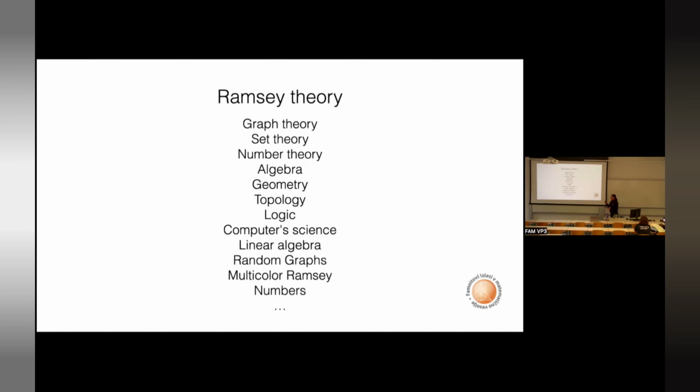Here we are dealing with graphs, with finite things, but you can have this theory in infinite graphs, in random graphs. We talk about two colors, finding monochromatic structures, but we can also ask for multicolor structures and so on. So this is a theory that is used in many other areas of mathematics, and not just the abstract and theoretical part, but also inside these areas, you can find applications.